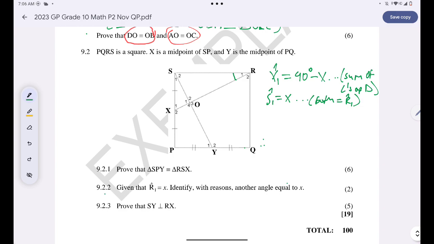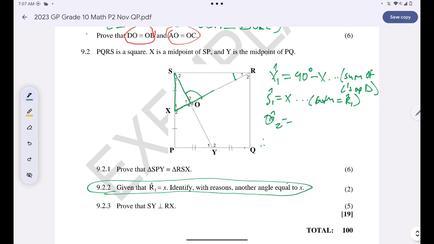Remember, here the angle which was equal to x was angle R1. Are we together? But if you check angle O2, angle O2 is an exterior angle of this small triangle. O2 is an exterior angle.